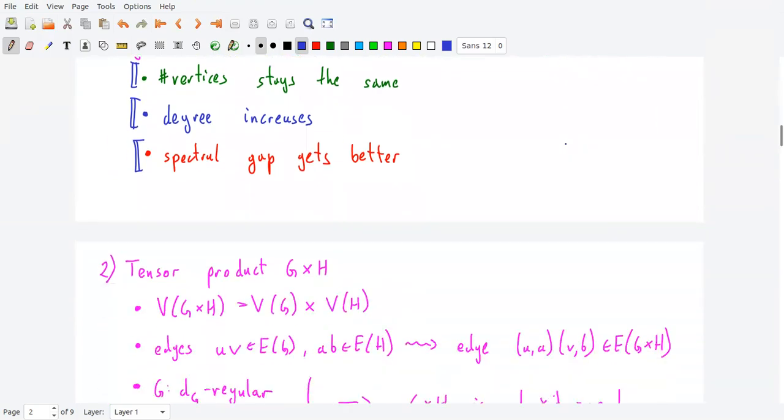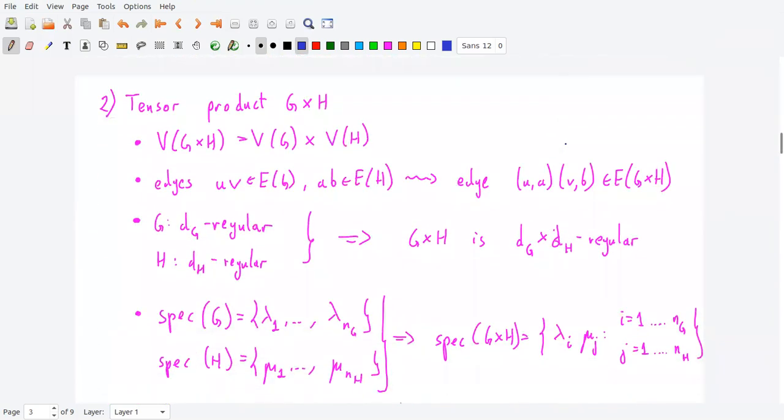So this is one operation that we'll use. Another operation is the one that we have seen during the tutorials last week, which is the tensor product of two graphs. The tensor product of two graphs G and H is a graph whose vertex set is the product of the vertex sets.